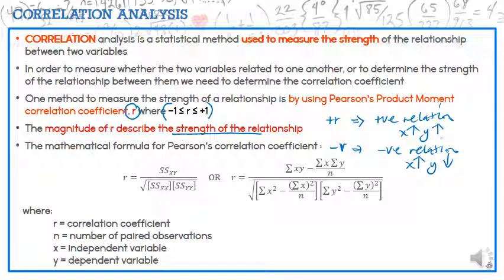So the mathematical formula for the Pearson correlation coefficient is given, where you should know that R is the correlation coefficient, which shouldn't be less than -1 and shouldn't be more than +1. N is the number of paired observations. X is your independent variable and Y is your dependent variable.